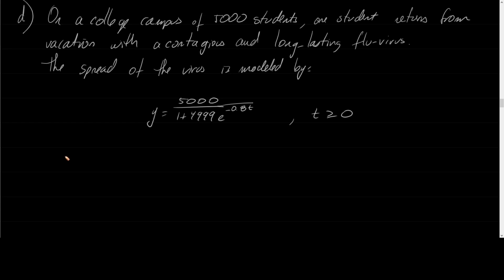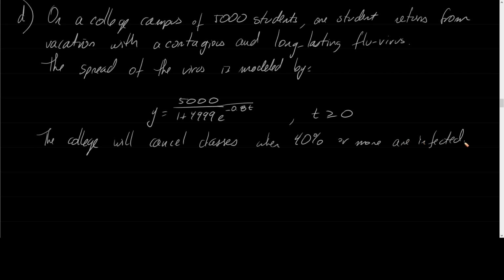Now, the college will cancel classes when 40% or more are infected. So the first question is, how many students are infected after 5 days?